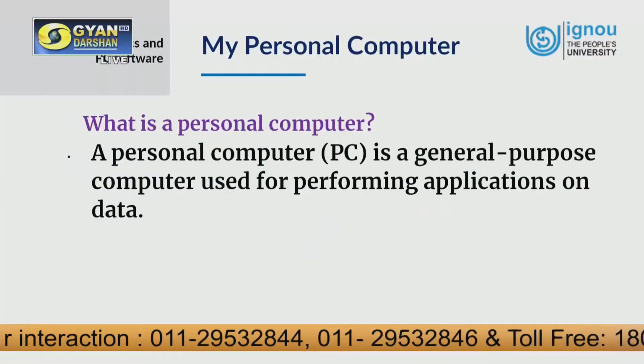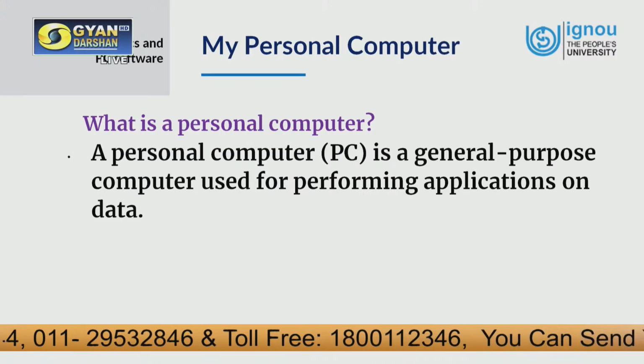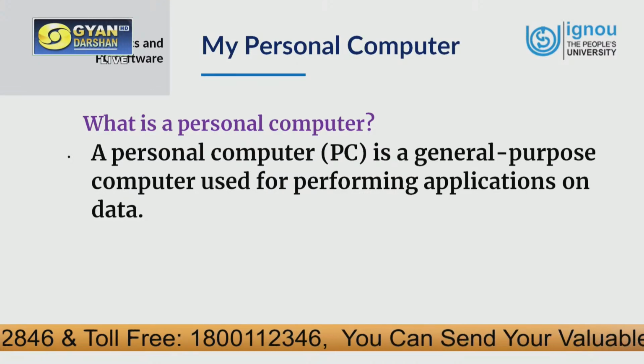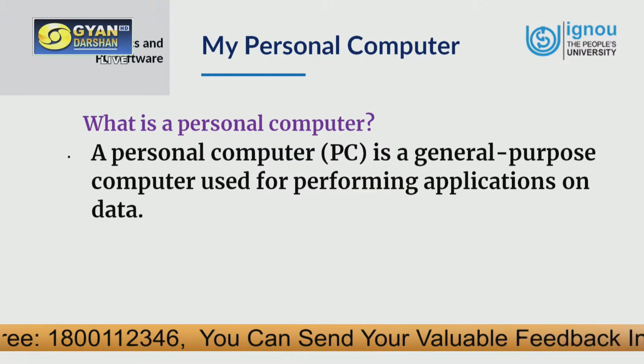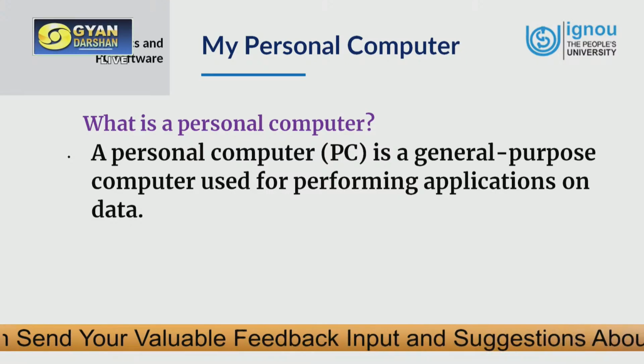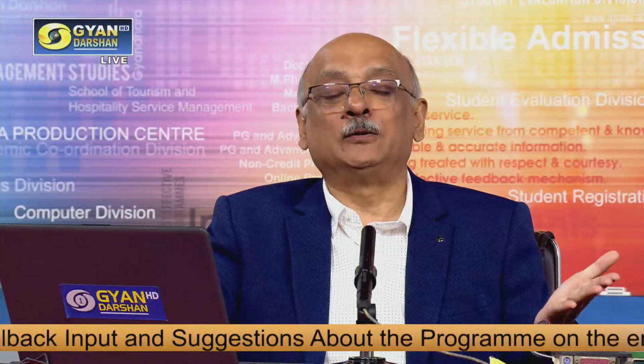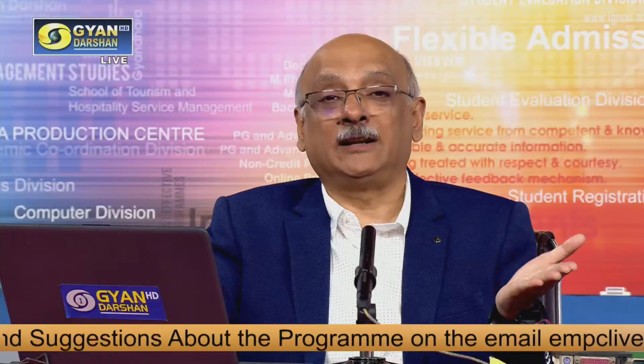So what is a personal computer? A personal computer, which we also know as a PC, is a general purpose computer used for performing applications on data. Suppose you want to do some word processing, you require a personal computer. Suppose you want to do spreadsheet related work, you require a personal computer.